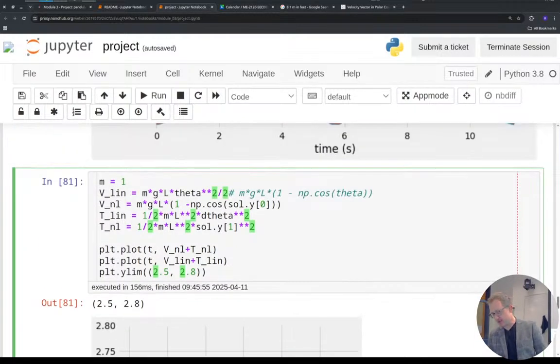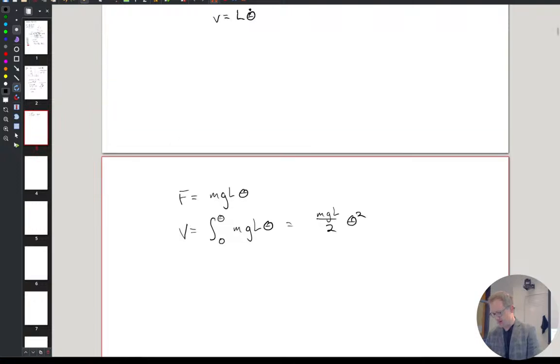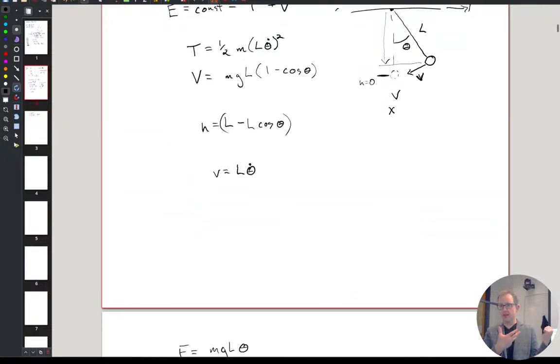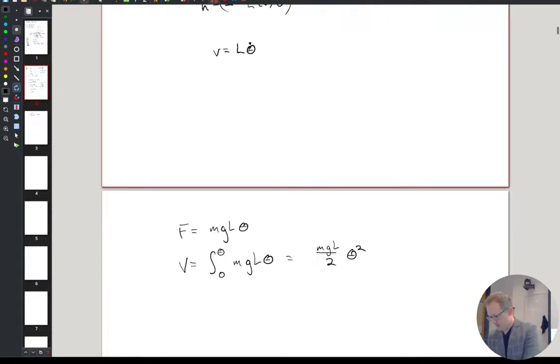Anyway, that's one of the things. If you like that, that would be a great plot to add: let me find kinetic and potential energy, compare, and now I have a plot between those two. Another one.